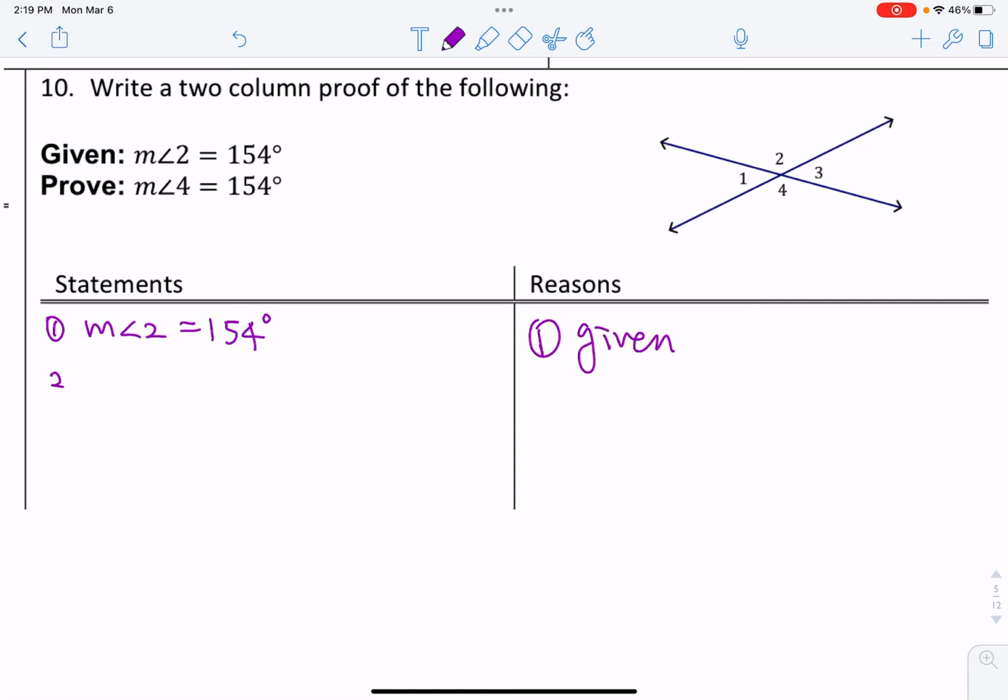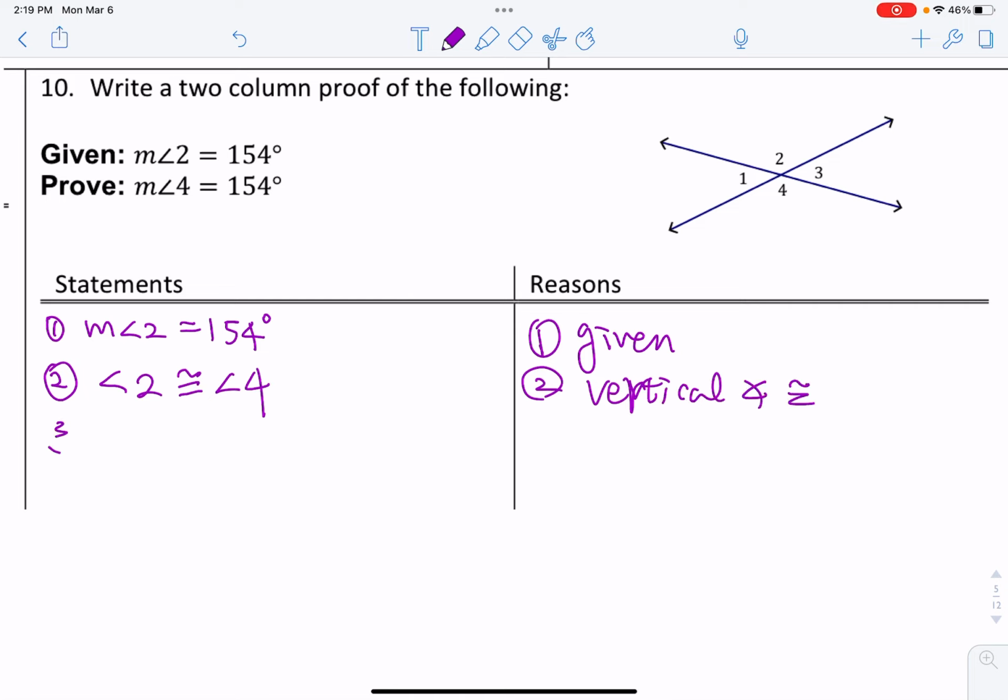And then number 2, angle 2 and 4 are vertical angles. So I can say angle 2 is congruent to angle 4. It's because of vertical angles. All vertical angles are congruent. So you can say vertical angles are congruent.